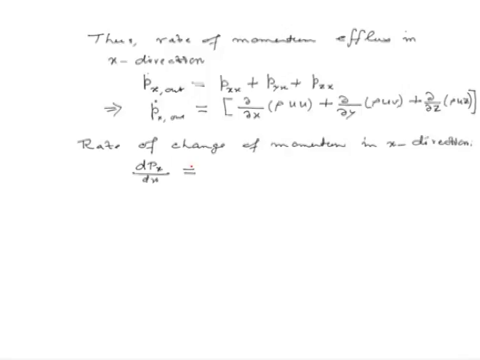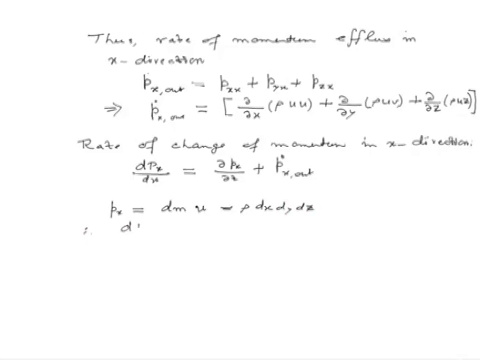We can invoke the Reynolds transport theorem. So, this will be given by del of Px over del t plus P dot x out. Now, what is Px? Px is nothing but dm multiplied by u, which is rho dx dy dz.